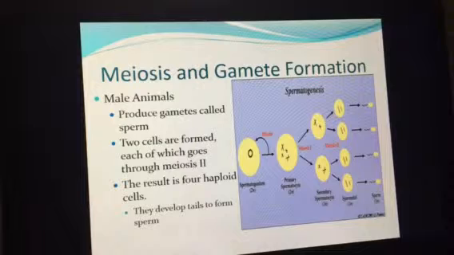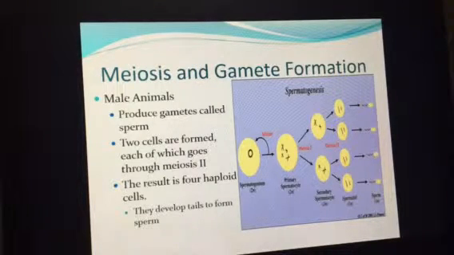Their germ cells are going to divide in spermatogenesis to form 4 sperm, which are haploid, or half the genetic information. The sperm that form are all viable, so that means they're all usable sperm. And they'll develop a tail, or what we know as a flagellum, to allow for locomotion or movement.